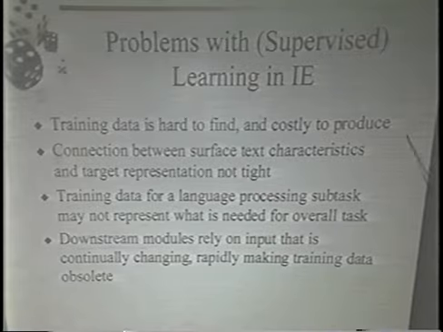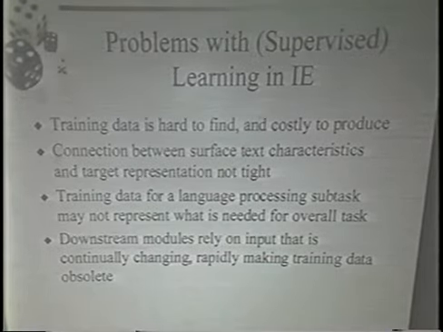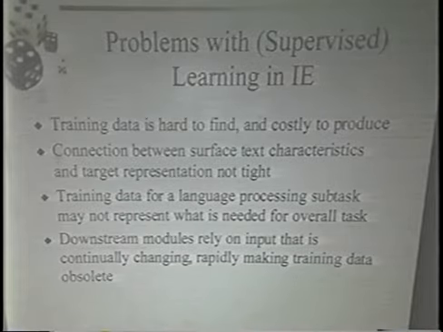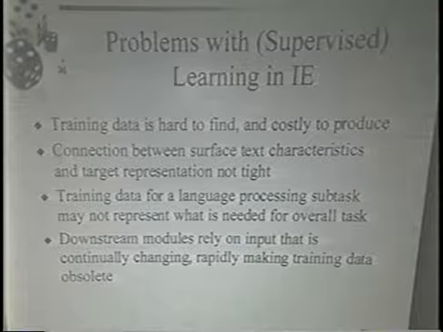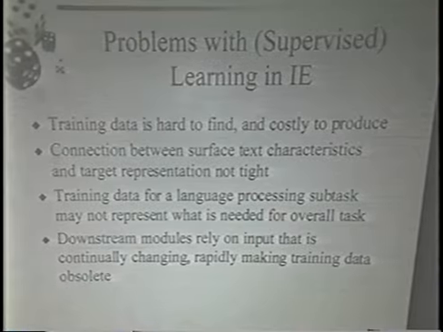Even if you had a large body of these templates, the connection between the surface text characteristics and the end product can be tenuous at times. There's normalization that occurs. Again, you have to find information from different parts of the text that end up in the same place in the template representation. There's a lot going on to expect a learning algorithm to figure out what the connections are.